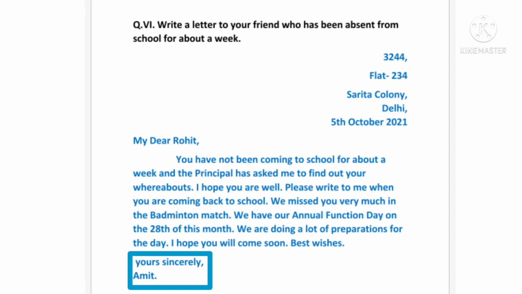So this is the format of an informal letter. You have to write the letter in this way. First you will write the address on the top right corner. Below the address you will write the date on which you are writing the letter. Then you will come down and towards the left corner you will write the salutation.